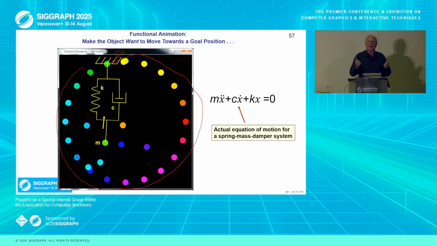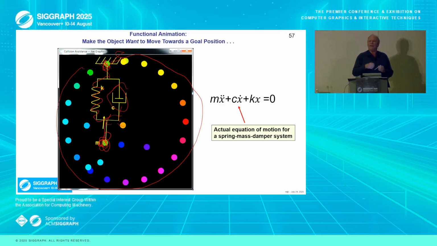So first, how do you make them want to go where they are supposed to go? In this technique, you connect where you are to where you're going with a fake spring. Mathematically, we just put a spring right there. This is the mechanical symbol for a damper, something that removes energy from the system. It's very much like the shock absorbers in your car.